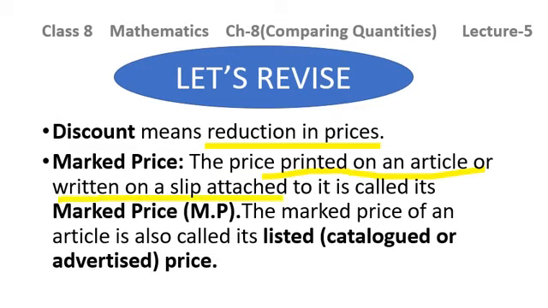This we have discussed in detail in the previous lecture, that whenever we purchase any article, any item, any commodity, then a tag is attached to that particular item, and on that tag the price of the article is mentioned, and other details may also be mentioned there. But the price printed on an article or written on a slip attached to it is called its marked price.